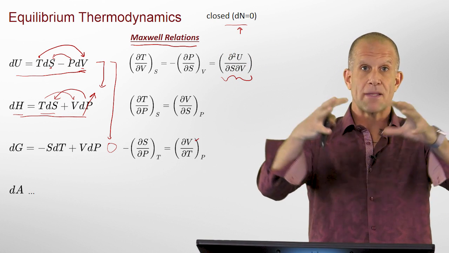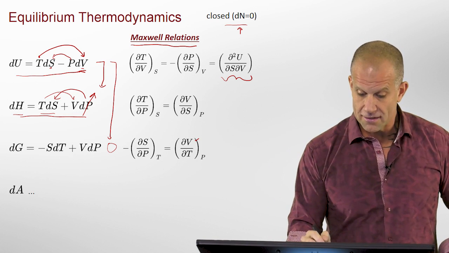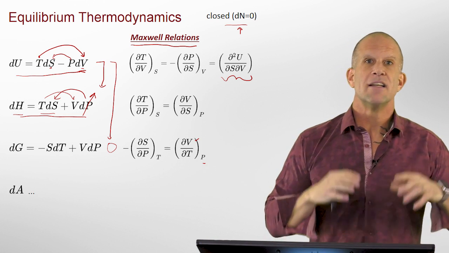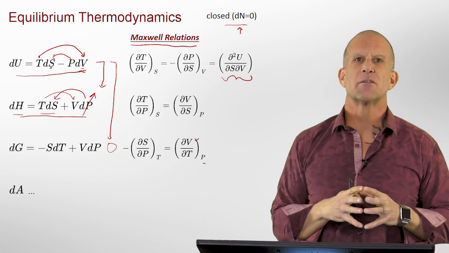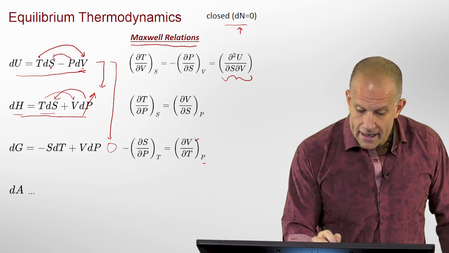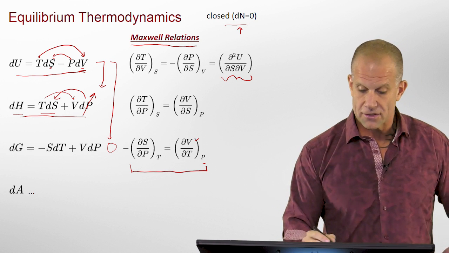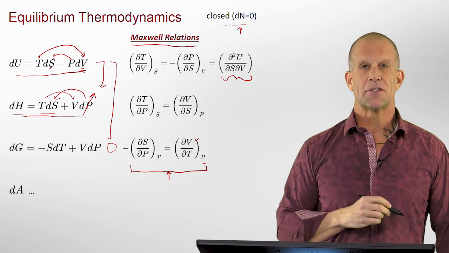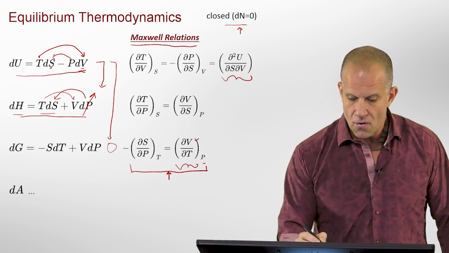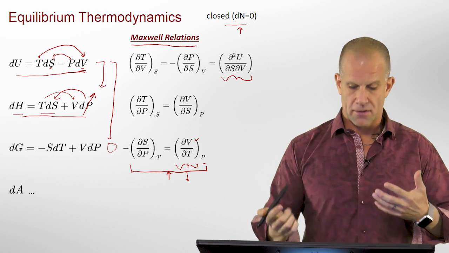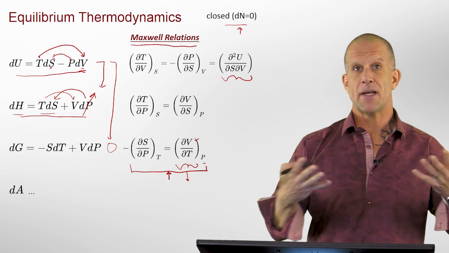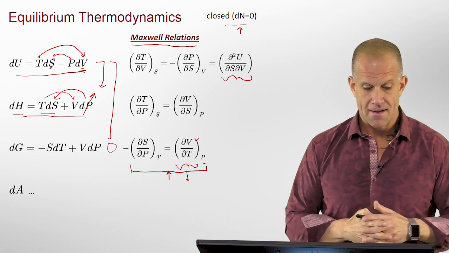Or in other words, how something expands under constant pressure conditions, is something that seems more experimentally tractable. And because of this idea that they're exact differentials and state functions, we can make these substitutions to partials where we have more of an experimental handle on the dependent variables we're looking at.